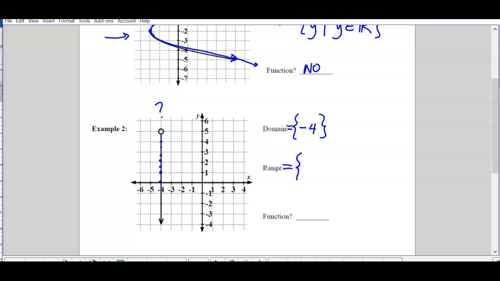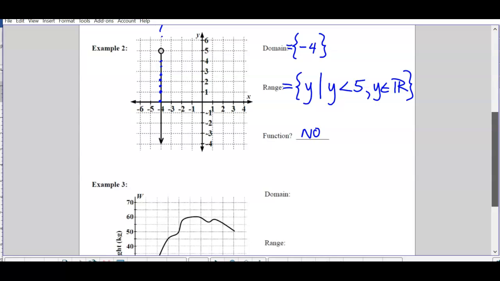So now my range is all values of y where y is less than 5. I don't put the equal sign in because it wasn't a filled in circle at 5. Then y is an element of the set of reals. And this is not a function. That is a vertical line, so there's no way it can be a function.